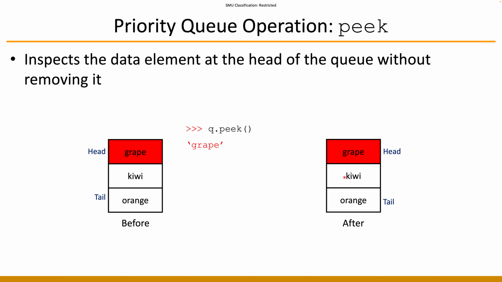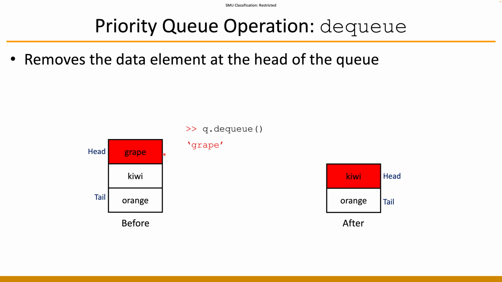When it comes to peeking, again you look at which element is at the head. That will be the element with the highest priority. Finally, the dequeue happens again at the head, just like before. But instead of removing the earliest arrived item, you remove the item with the highest priority.